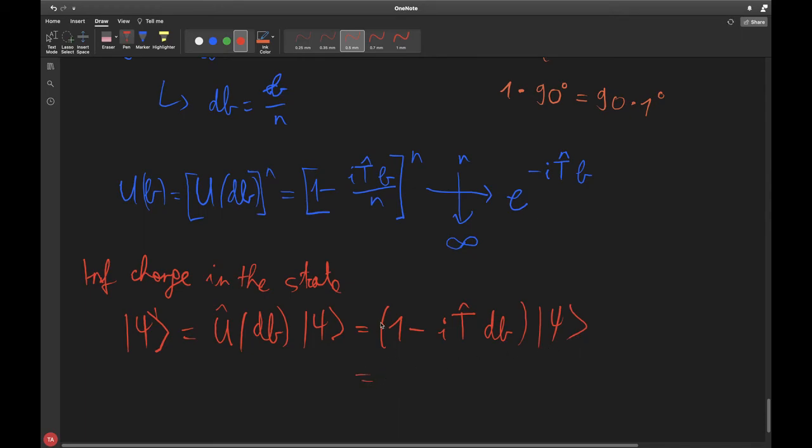So that leads to just the psi state itself minus i, the T operator, the psi state, and the dB.